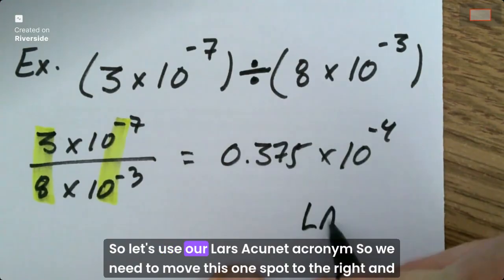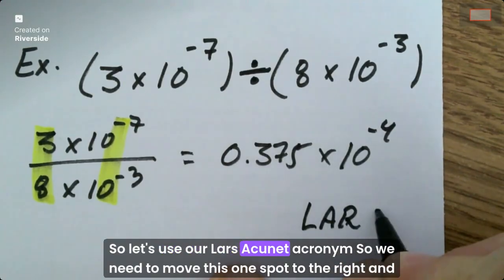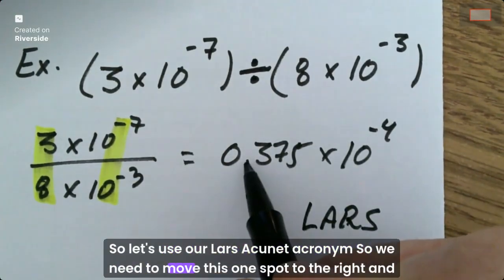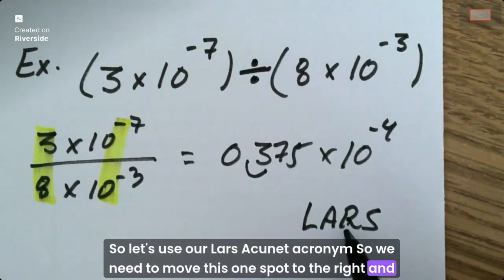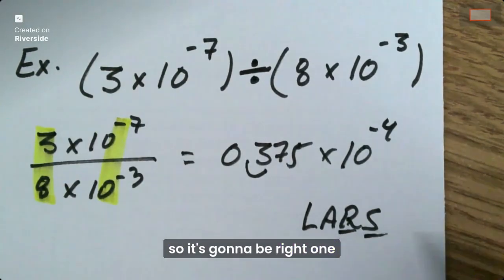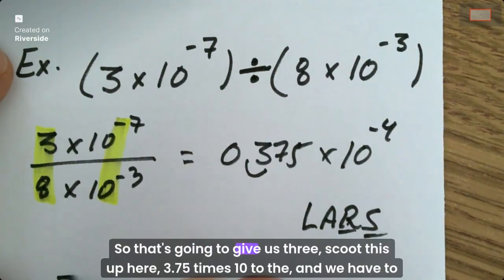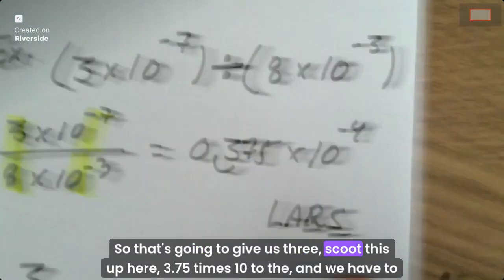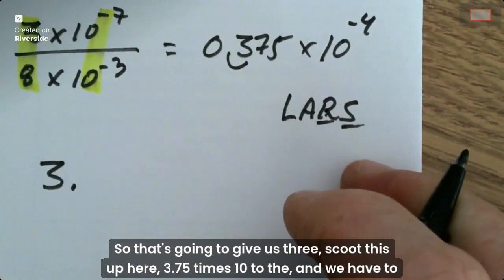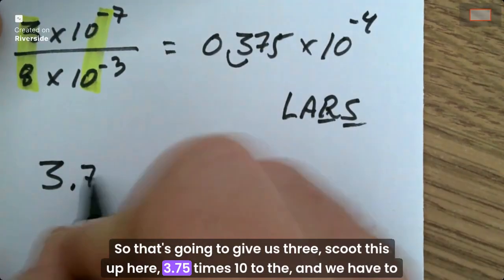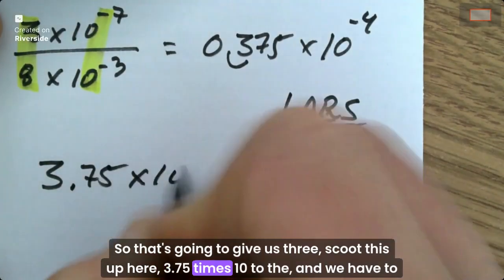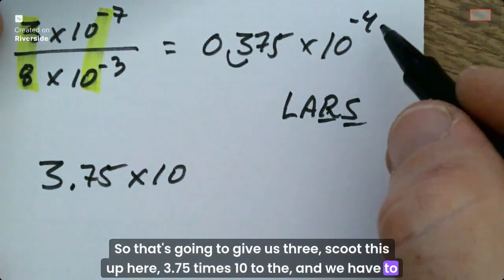So let's use our LARS acronym. We need to move this one spot to the right. So that's going to be right 1, subtract 1. So that's going to give us 3.75 times 10 to the, and we have to subtract 1.